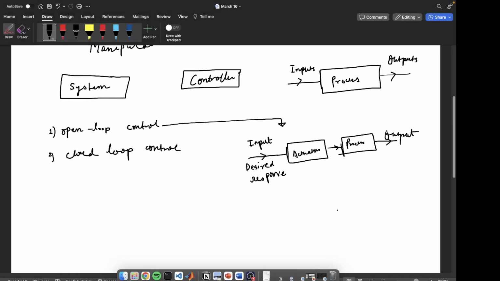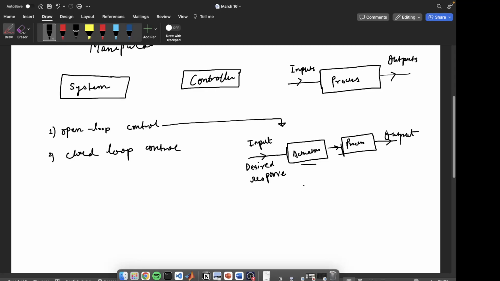Why it's called open loop is pretty obvious: we are not taking the information about the output in order to adjust our input. We are just trusting the actuator, whether it be a motor or something, to produce a desired signal that gives me the desired response at the output.